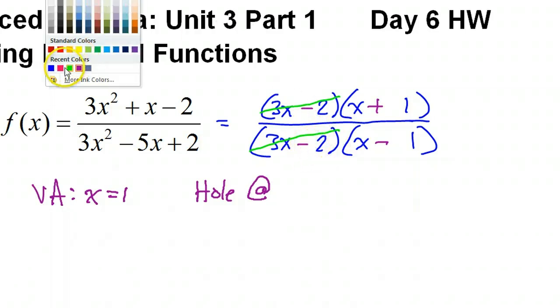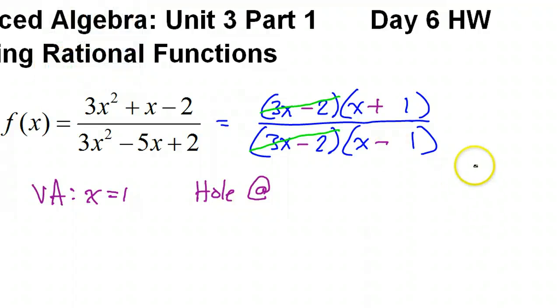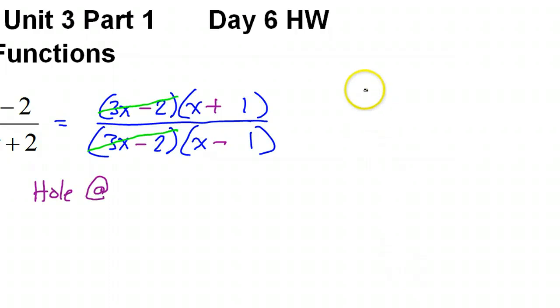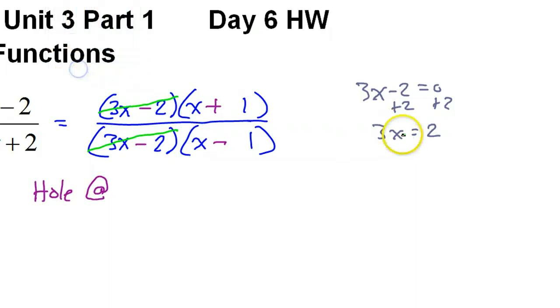If I take that 3x minus 2, off to the side somewhere where I've got lots of room, set it equal to 0 and solve, adding 2 to both sides gives me 3x equals 2, dividing by 3 on both sides gives me x equals 2/3.